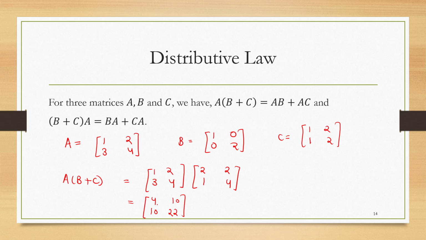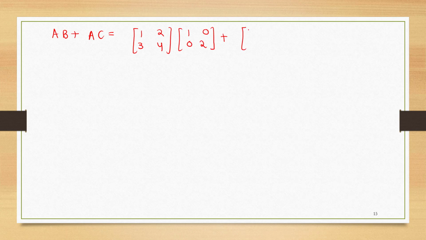Now we will try to solve the right side AB plus AC. So let's see. Again I am writing AB plus AC: A is 1, 2, 3, 4, B is 1, 0, 0, 2, plus A 1, 2, 3, 4, C is 1, 2, 1, 2. Let's do AB. AB is 1, 4, 3, 8.